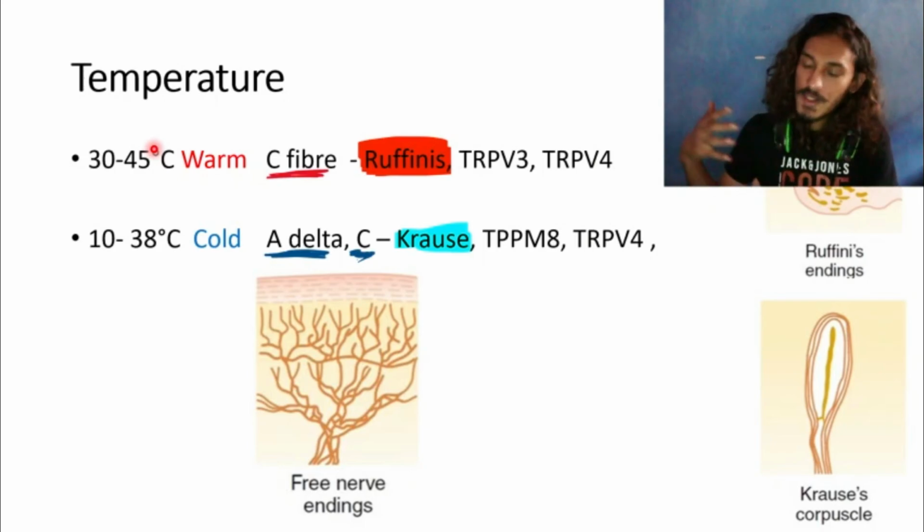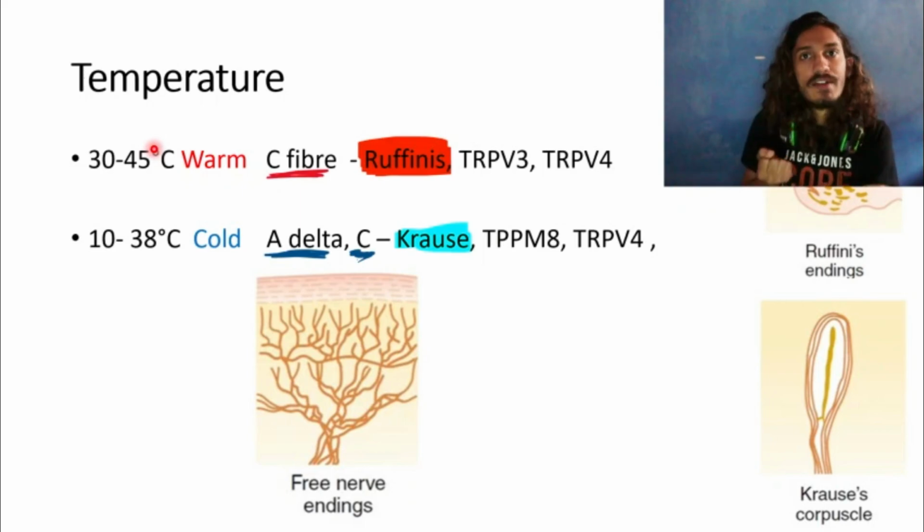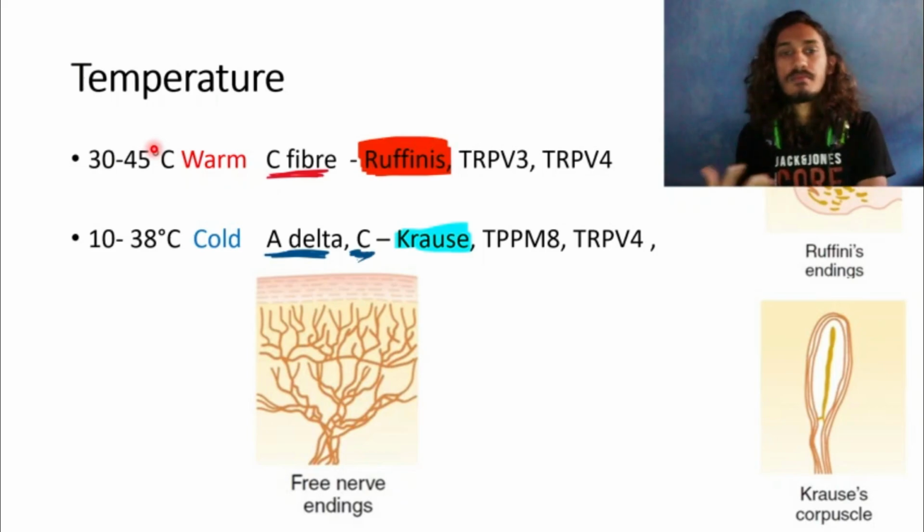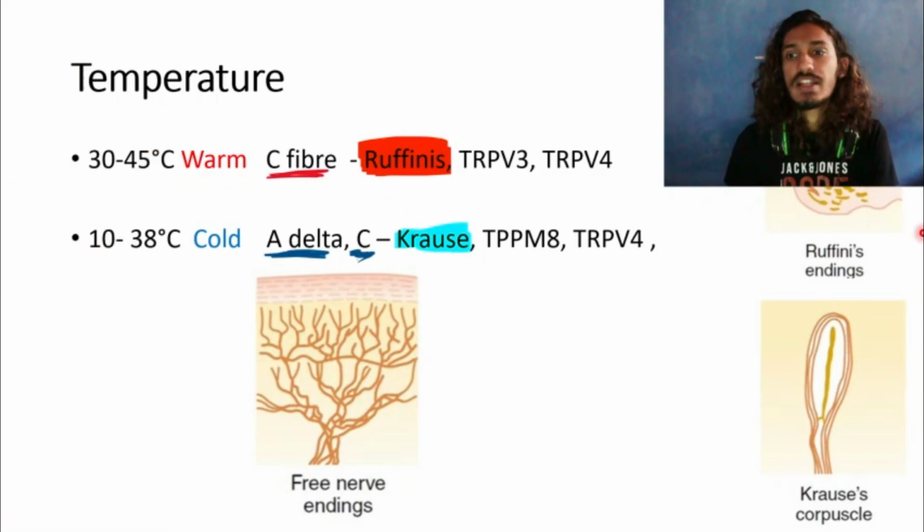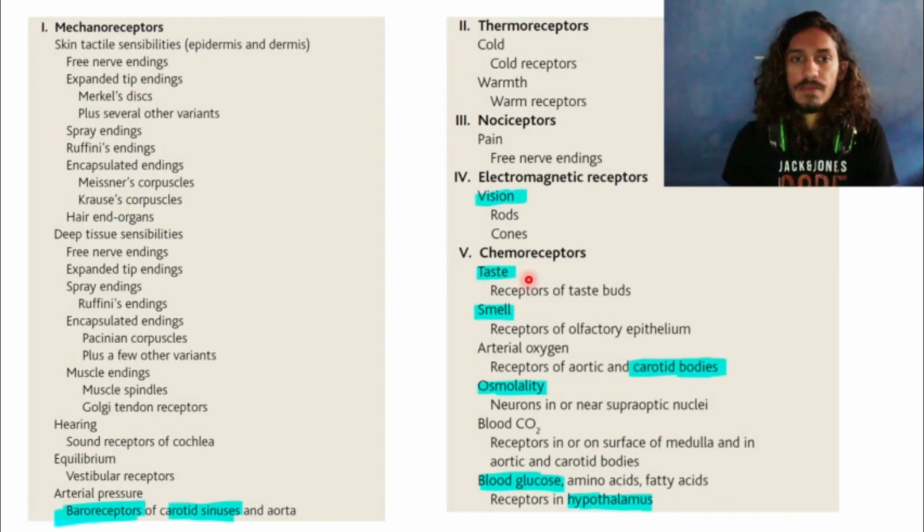If it becomes too cold, you should remove your hand from it. If it's too hot, you should remove your hand from it. So beyond the normal range for these receptors, it is detected by free nerve endings. So free nerve endings, Ruffini's ending, Krause corpuscle, along with your transient receptor vanilloid channels and menthol channels, they're all transient channels, and they detect your temperature.